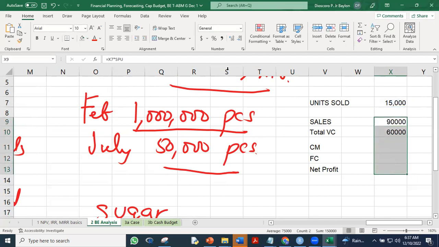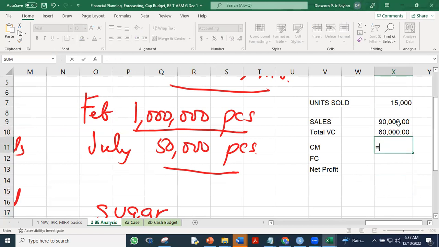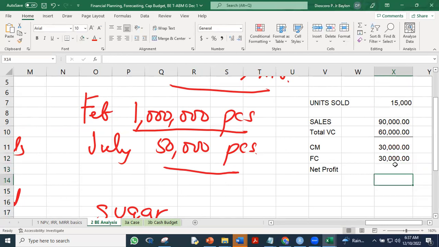Therefore our contribution margin will be equal to 90,000, our sales, minus our variable cost. That's 30,000. And then our fixed cost, we know to be 30,000.